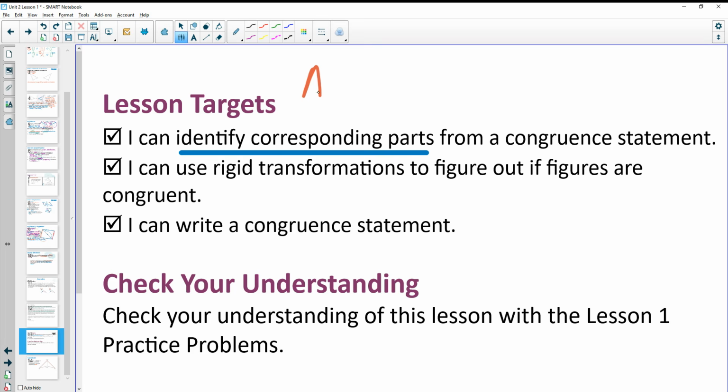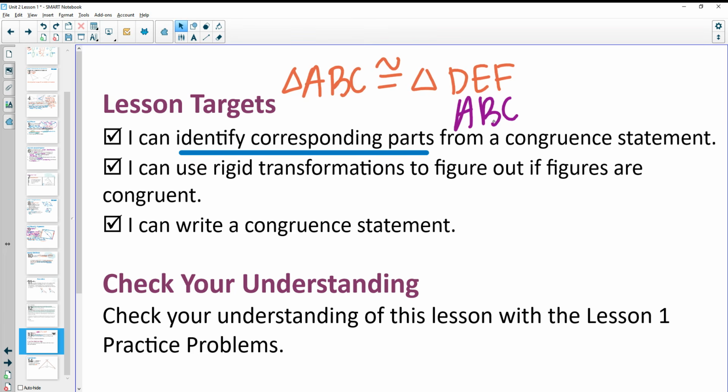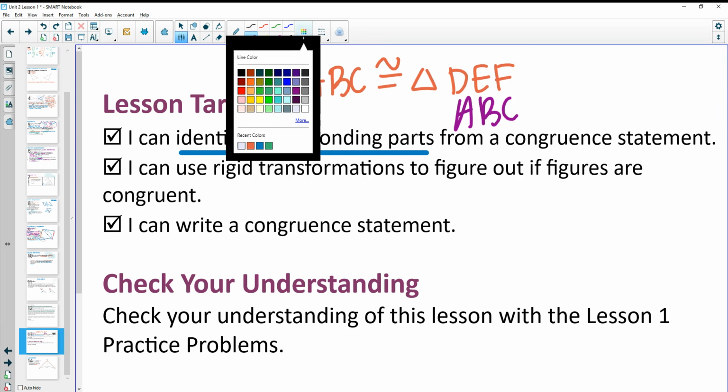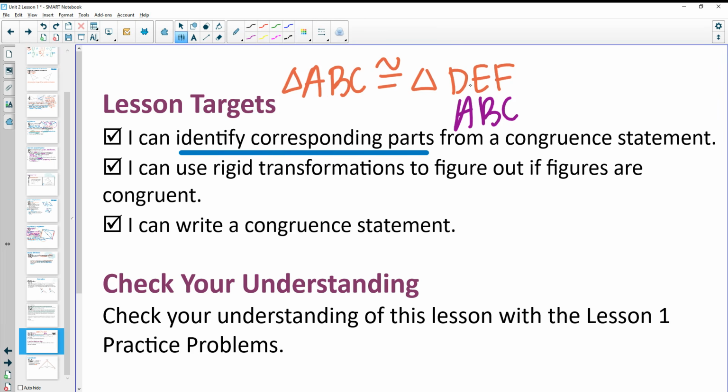So remember, that was if we said triangle ABC is congruent to triangle DEF. Those letters that line up. So if I took this and I just moved it over here, that tells you the corresponding angles. So A to D, B and E, C and F. And then it'll also help you with the side measures.